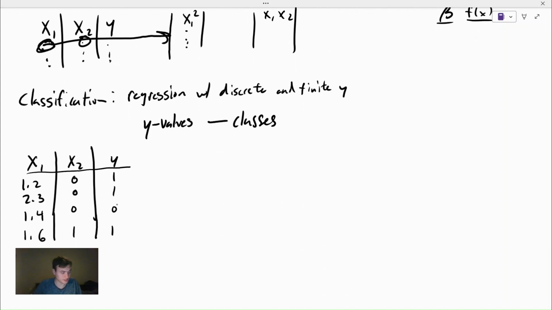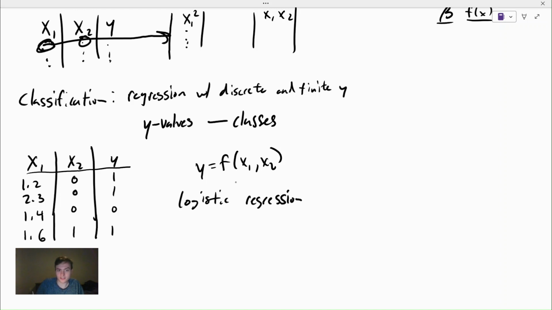So in classification, we're saying y is a function of x1, x2, but we want the output to always be 0 or 1. So this function is going to be a little more complicated than a linear function. One example we could do is logistic regression.